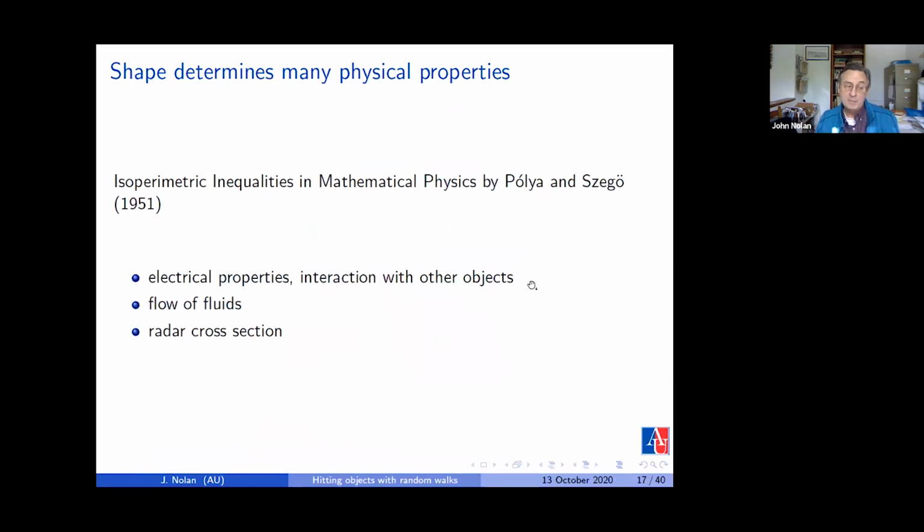And we care about this because the shape determines many physical properties. There's a famous book by Pólya and Szegő about isoperimetric inequalities in mathematical physics, which is related to this. So electrical properties: if I have a complicated object, its shape determines how it interacts with other objects. If all these particles are together and they're trying to flow through some sort of tube passageway, how well they flow depends on shape.